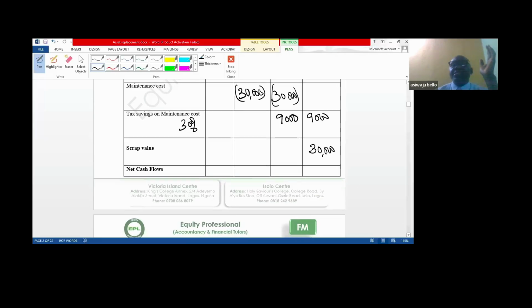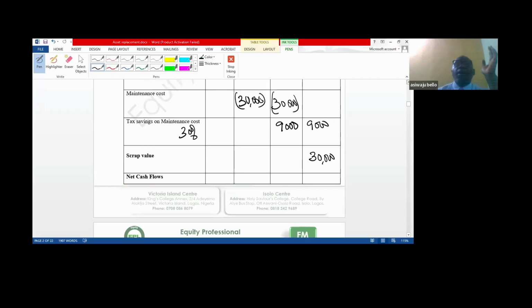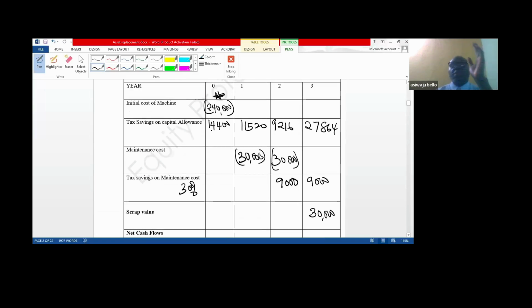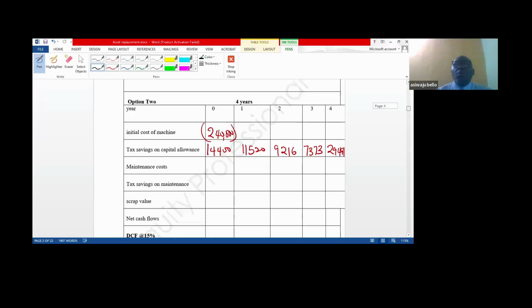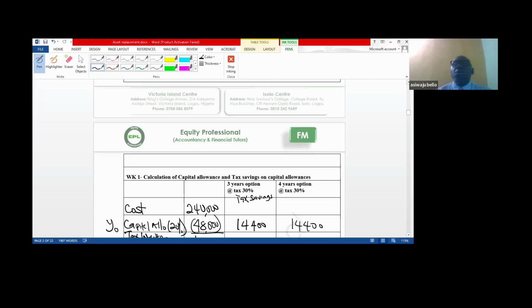You can now get the net cash flow. 240,000 minus 14,400. That will give me negative 225,600.